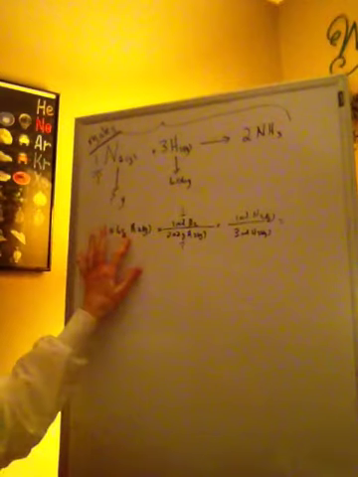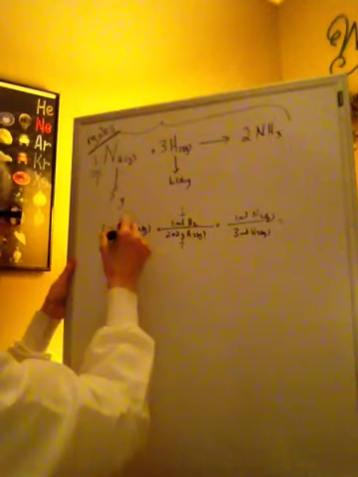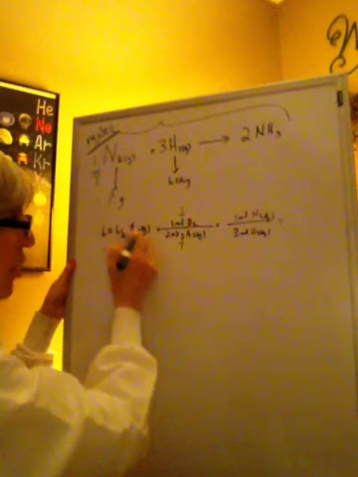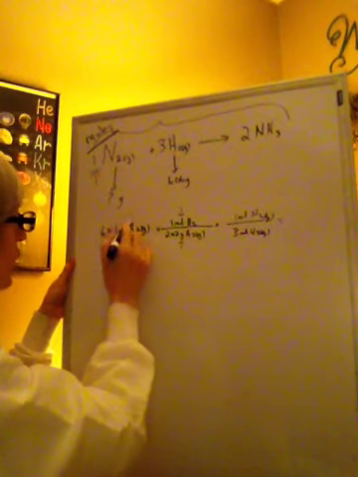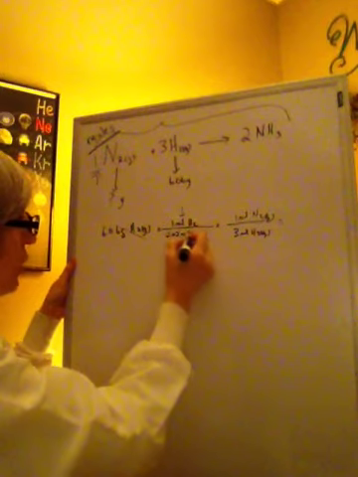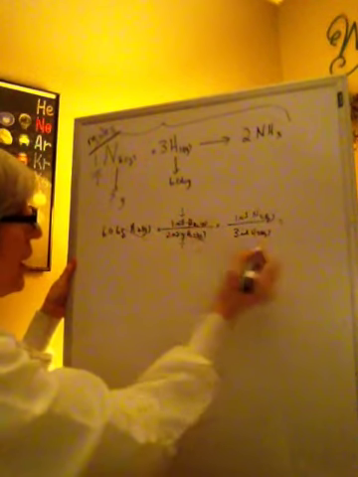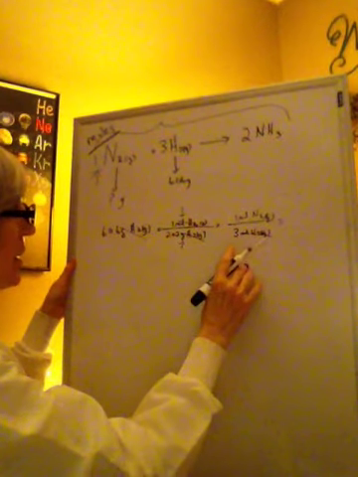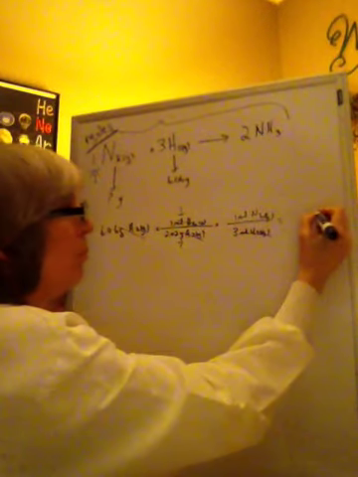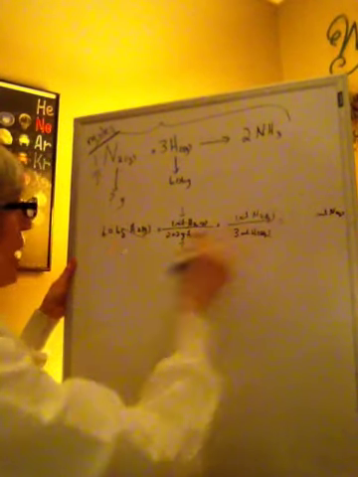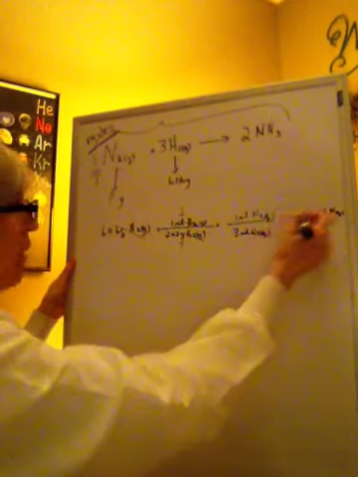Let me go ahead and do my dimensional analysis and cancel out my units and compounds as long as they're alike. Grams of hydrogen gas, mole of hydrogen gas, mole of hydrogen gas. My unit is a mole of nitrogen gas. Okay, so let me carry out my calculation.